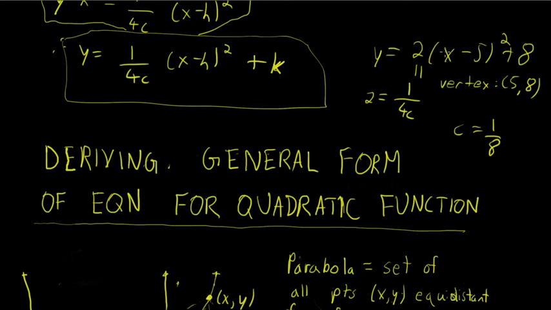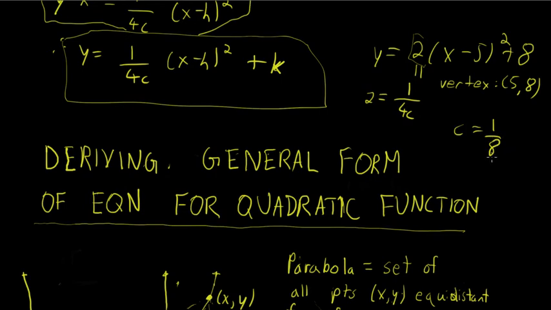And this positive value for the term in front of the x minus 5 squared indicates that this parabola opens upward. And hopefully you'll realize that when you see there's only one x squared term here, and so when you expand this binomial and multiply by 2, your x squared term will have a leading coefficient of positive 2. Okay. Anyway, this c equals 1/8.